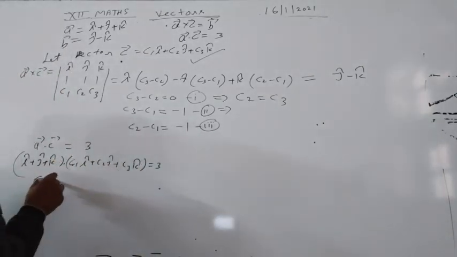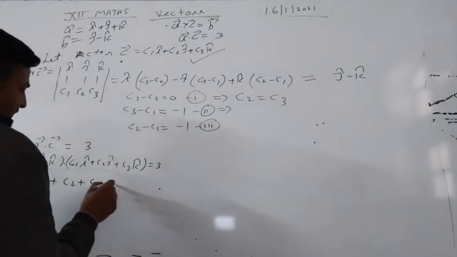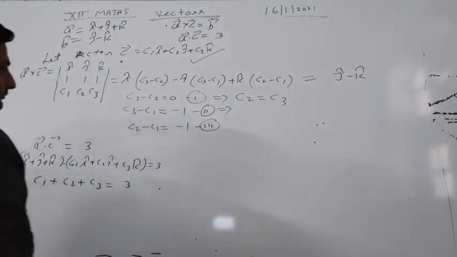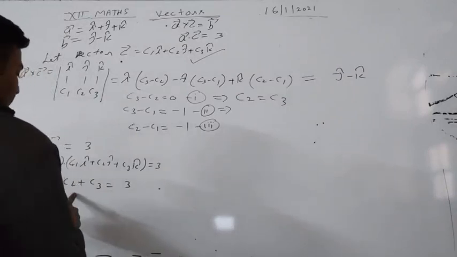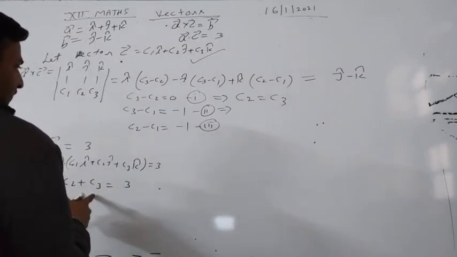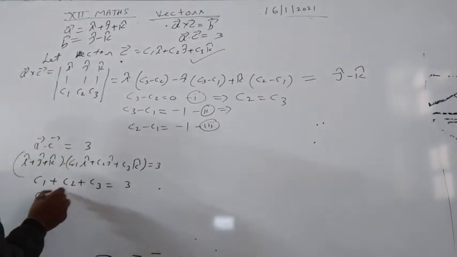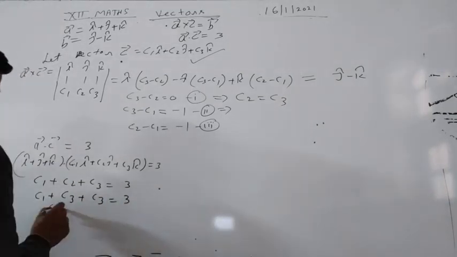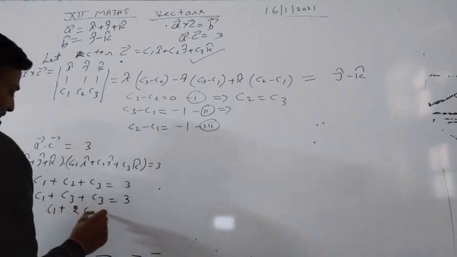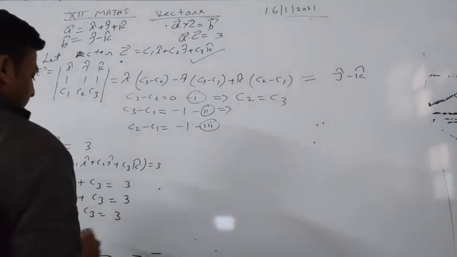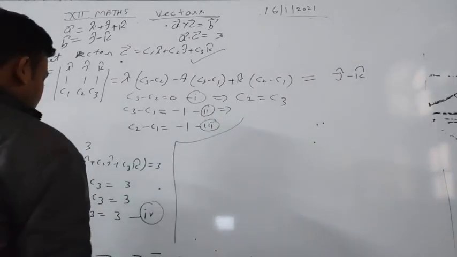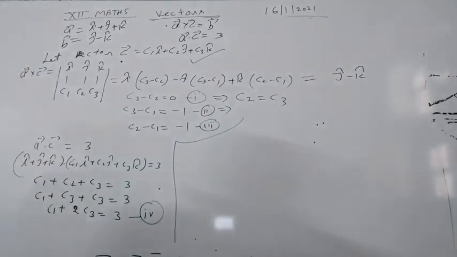So it will be C1 plus C2 plus C3 is equal to 3. Okay, student? Now, this C2 is equal to C3. So we write C1 plus C3 plus C3 is 3. So we are getting C1 plus 2C3 is 3. And this is equation number 4. Now student, we solve equation 2 and equation number 4.